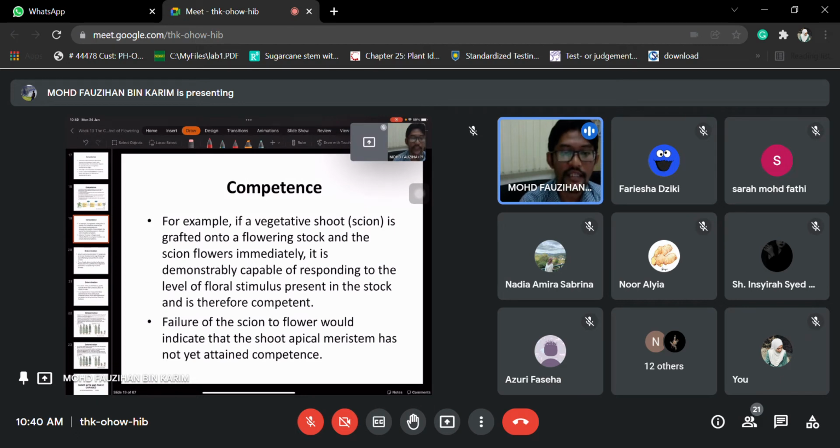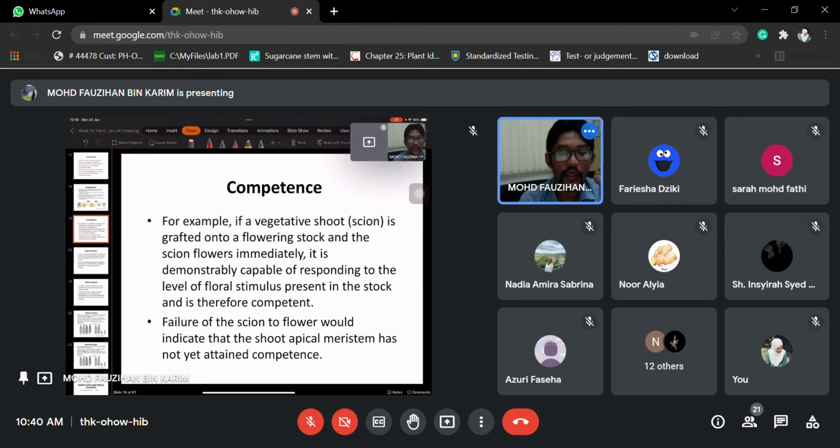Okay, so the scion is called competent. Okay, for example, you have a stalk plant. Okay, when we learn propagation, we will have the bud, what we call the scion, and also the stalk, the parent, the host plant.